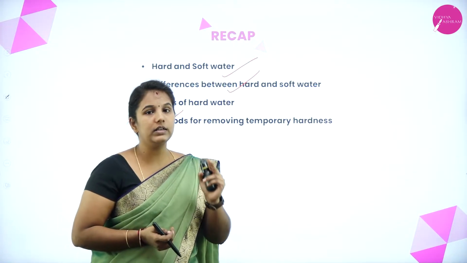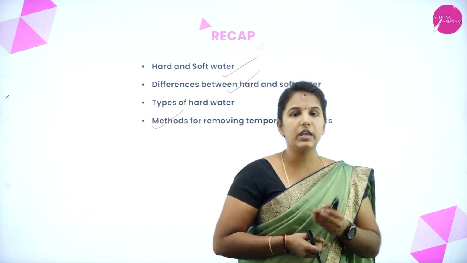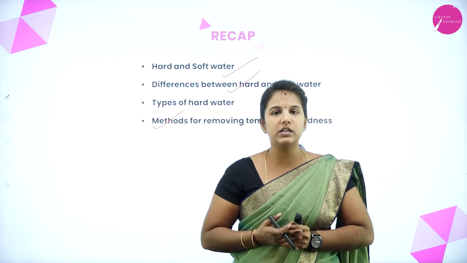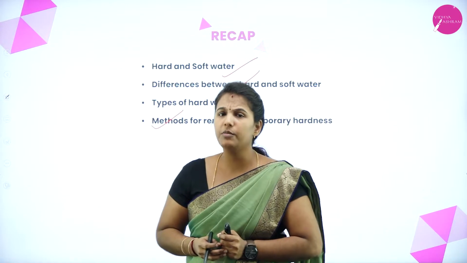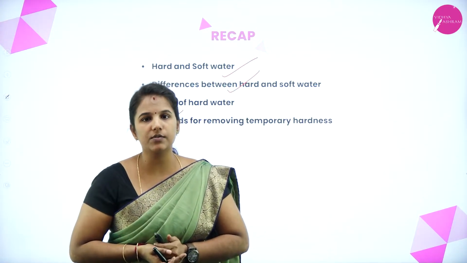So we have learned the different techniques, that is by boiling, by using washing soda, and by Clark's method. So there are plenty of methods to remove the permanent hardness as well as the temporary hardness of the water.